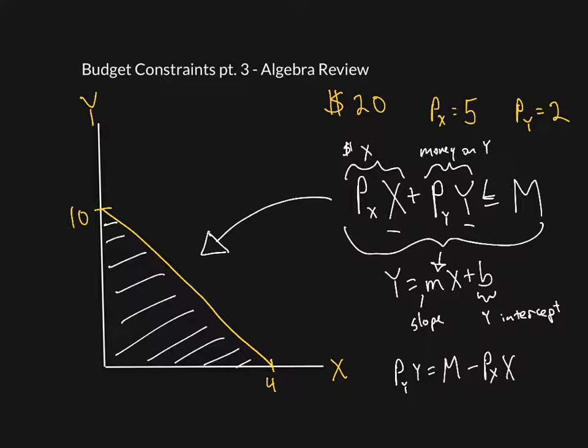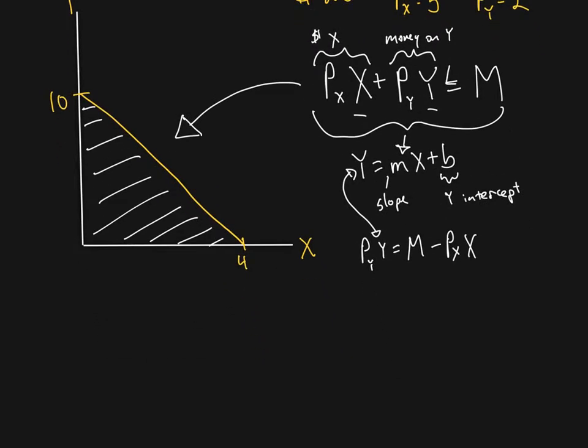This is not the equation for the whole set. And then to isolate y, we can divide through by Py, divide everything by Py, and you get y is equal to M divided by Py minus Px divided by Py times x.